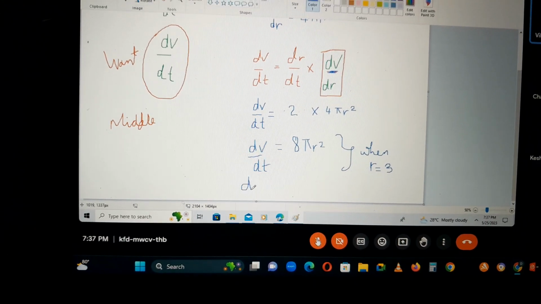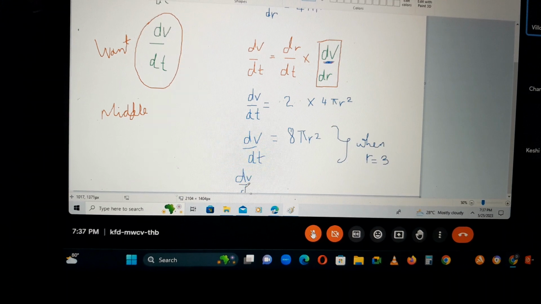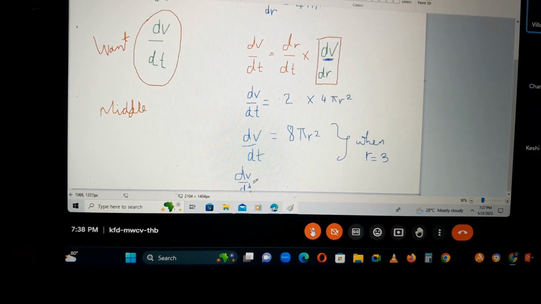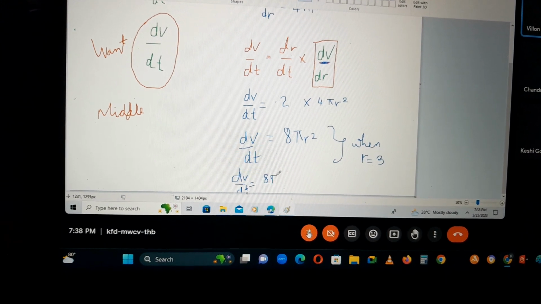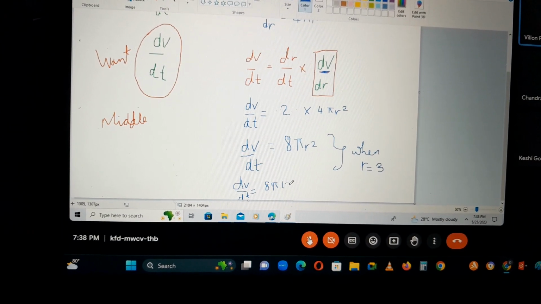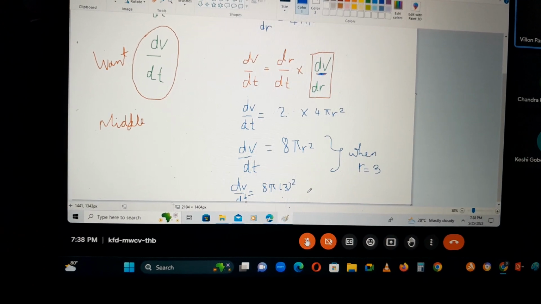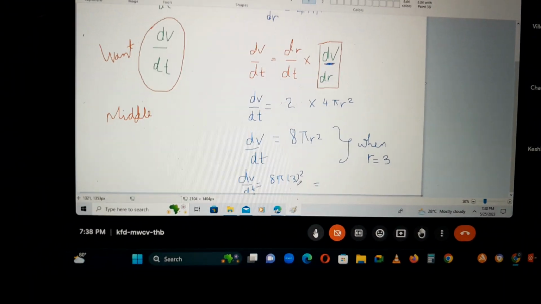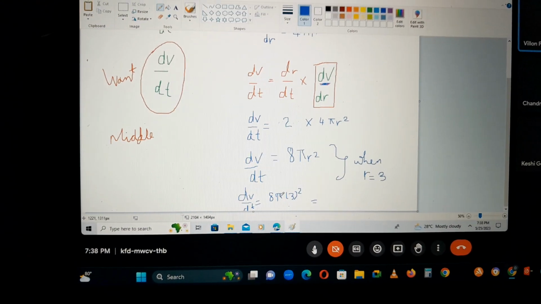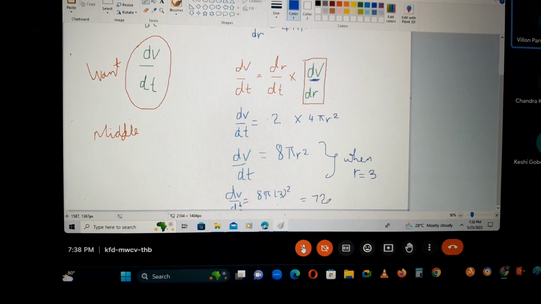So dv dt, the change in volume, will be equal to 8 pi times 3 squared. And 3 squared is what? 9, sir. 9. So it will be 72 pi.